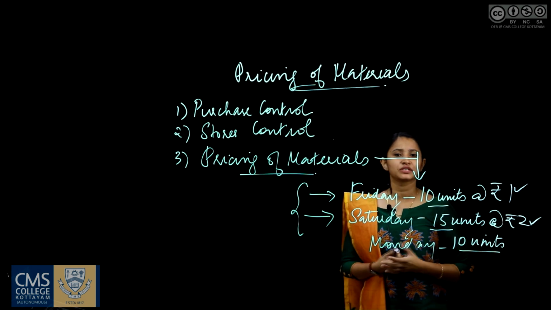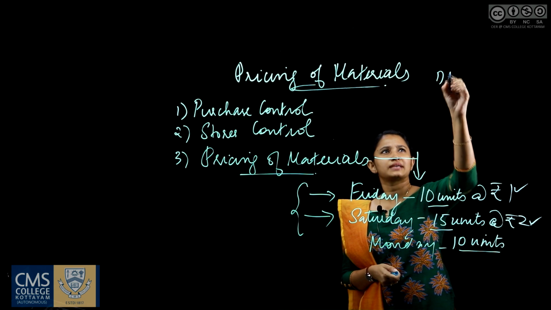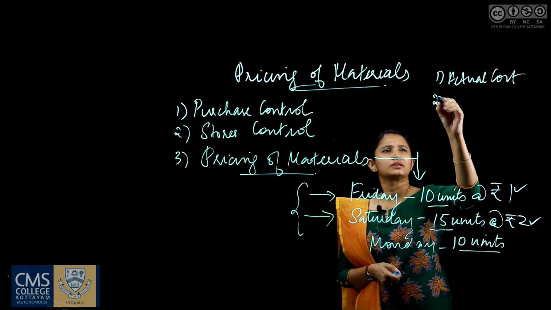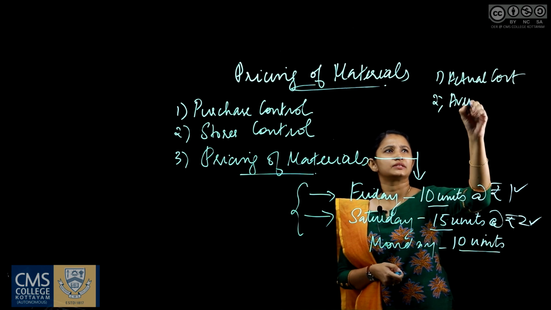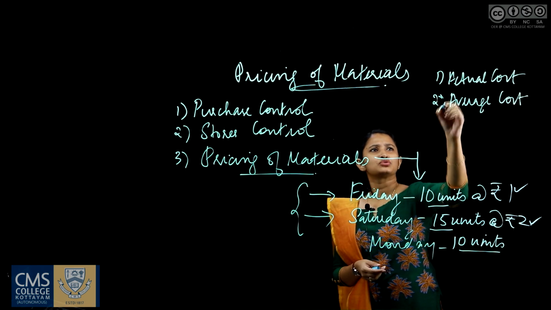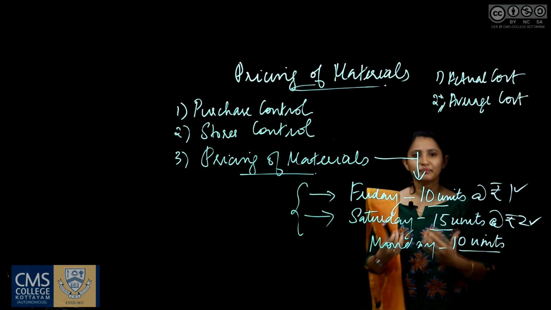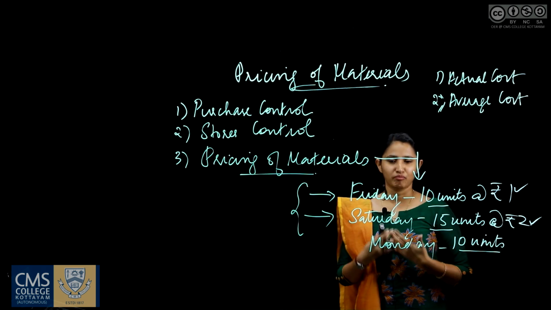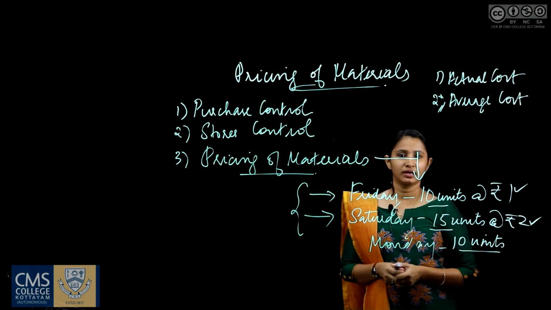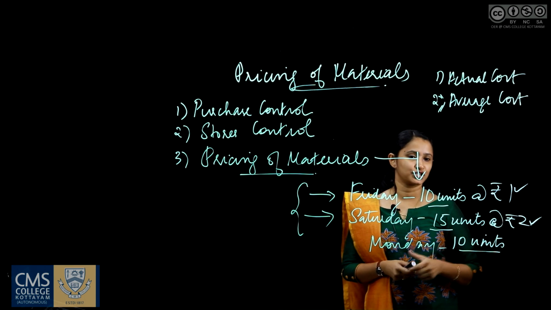Now, there are different methods which we use for pricing of materials. The first method is the actual cost method. The second one is the average cost method. These are the two major types of pricing of materials. So I repeat, what is pricing of materials? By pricing of materials, we mean the price at which the costing department issues the raw materials to the production department.